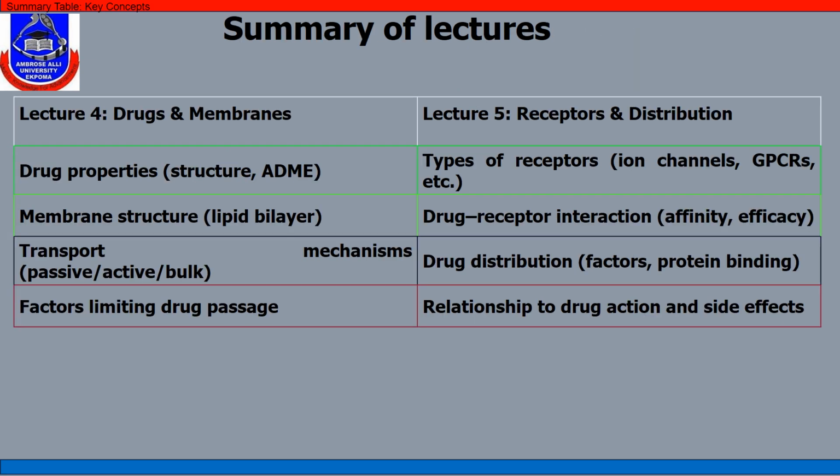Now, summary of lectures. I'm summarizing lectures 4 and 5 simultaneously. In lecture 4, we talked about drugs and membranes. In lecture 5, we talked about receptors and their distribution. Let's look at lecture 4.